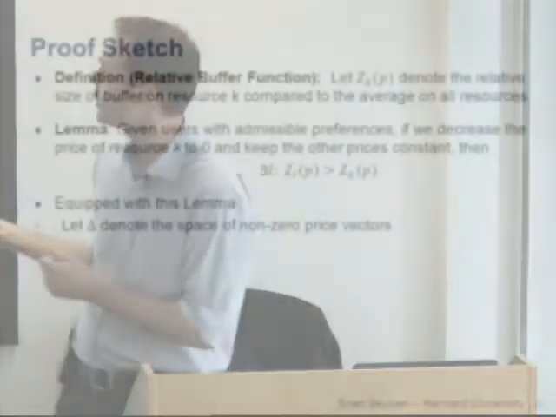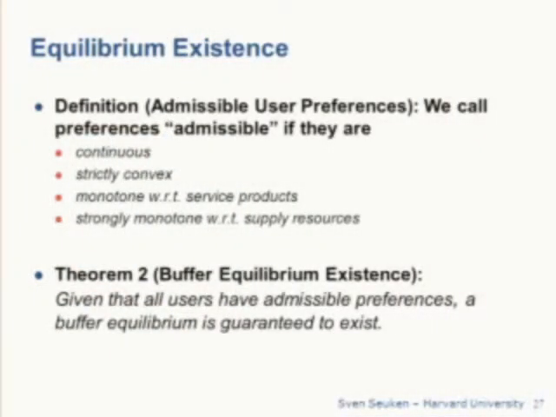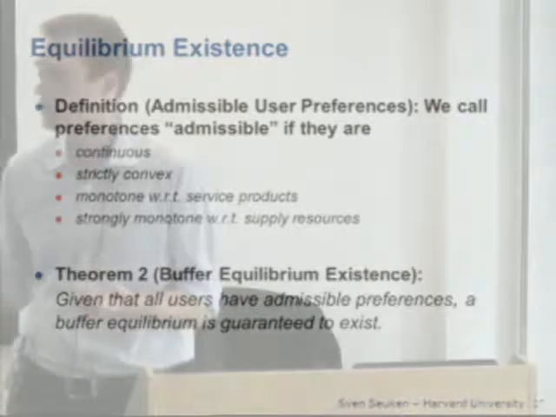So as we let the prices go towards zero, what you need for that is that users have these admissible preferences so that they react to price changes in a reasonable way. And you need exactly all of these conditions to guarantee that users are reacting to price changes in this way.